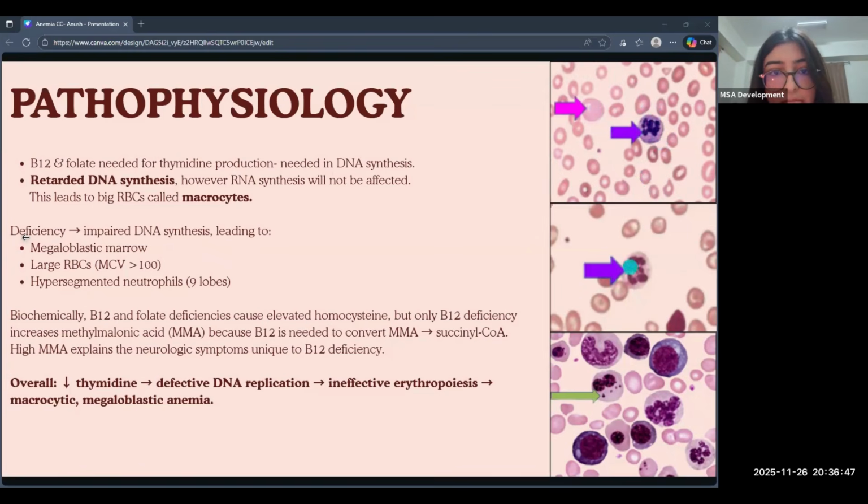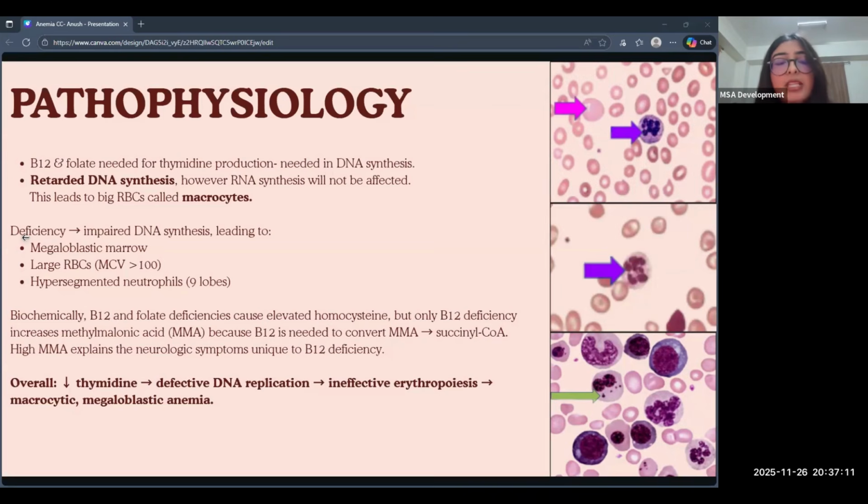I want you to focus on these, which are hypersegmented. I think we can see like 9 lobes here. Now, what does this mean biochemically? So B12 and folate deficiencies cause elevated homocysteine, okay? Both of these together cause elevated homocysteine, but only B12 deficiency can increase methylmalonic acid.